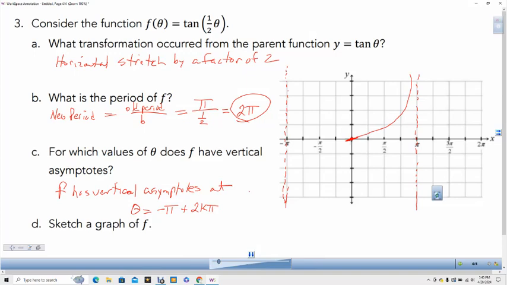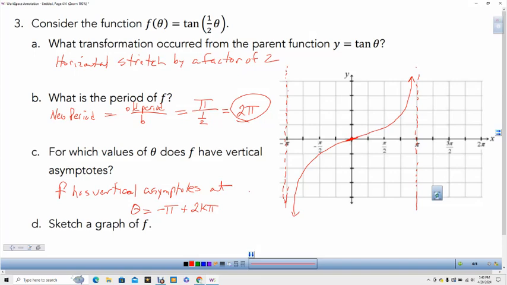So what you're going to notice is it kind of looks similar to a shrunk x cubed. It's going to look like an x cubed that's kind of been fenced in by your vertical asymptotes, and that's exactly what it is. So now, if we have a center point right here, where would our next center point that we can actually see on this graph be? Well, it would be at 0 plus the 2k pi.